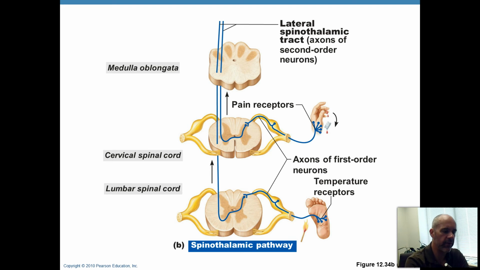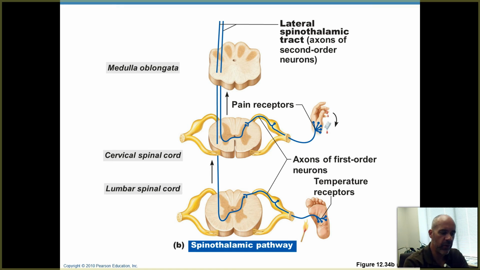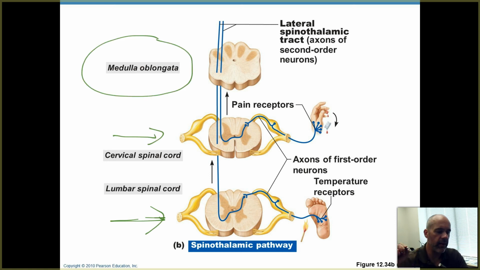And here's another diagram from your textbook, showing you some cross sections through the spinal cord, and then a cross section through the brainstem itself. The medulla oblongata is part of the brainstem that you're learning about over on the anatomy side. So they're showing you here, if somebody was holding a match up to the sole of your foot, hopefully that would never happen, but if it did, you have sensory neurons that are temperature receptors. That's their job. Hot temperatures cause them to detect that, and they generate an action potential, boom. They secrete their neurotransmitters.